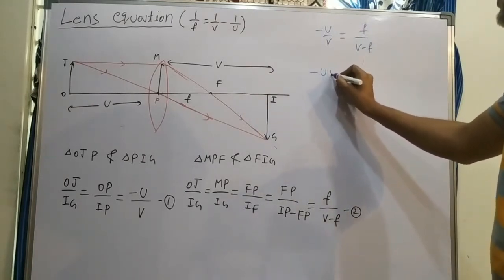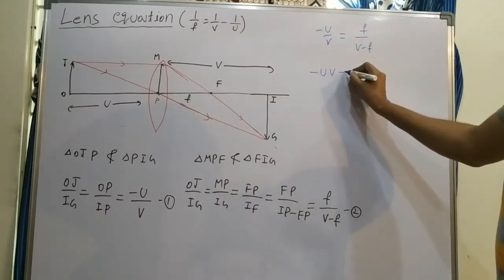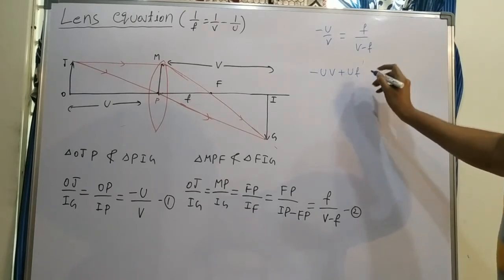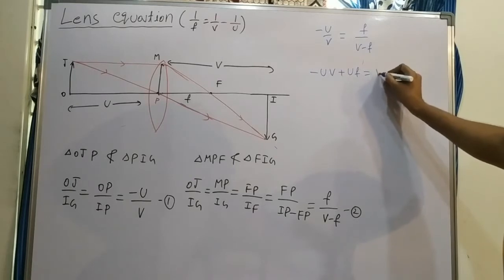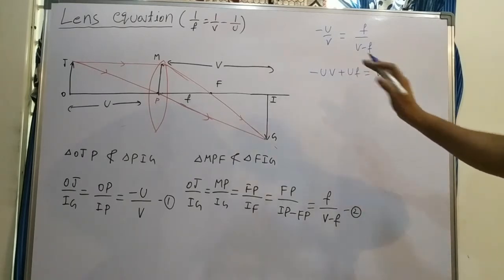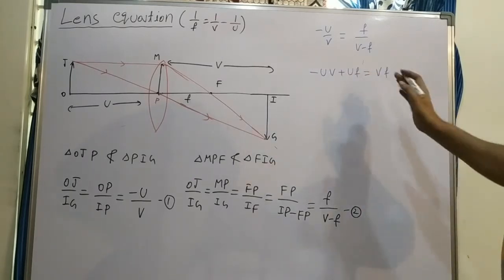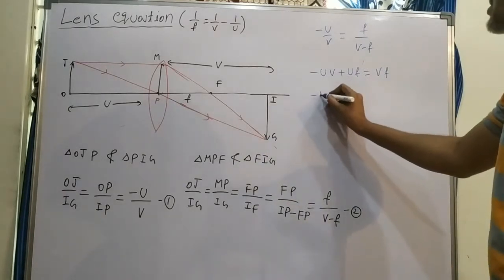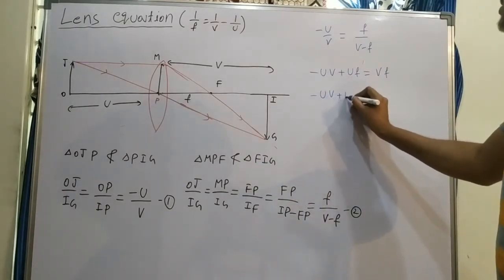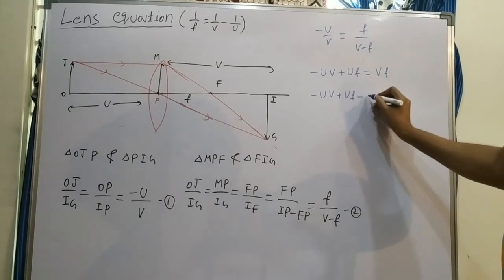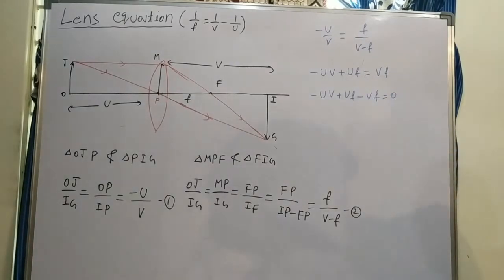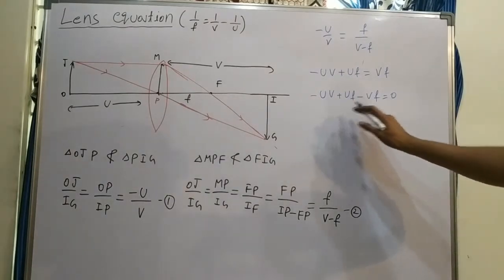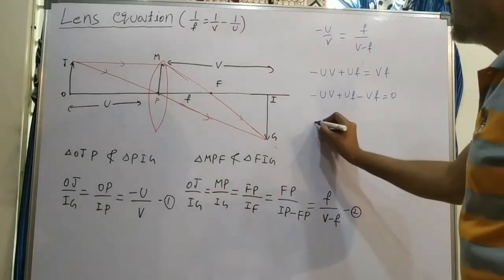Minus uv plus uf is equal to vf. That vf is on that side. So what you get: minus uv plus uf minus vf is equal to 0. And both sides you divide with uvf. If you divide by uvf on both sides, what you get? Here minus 1 by f.